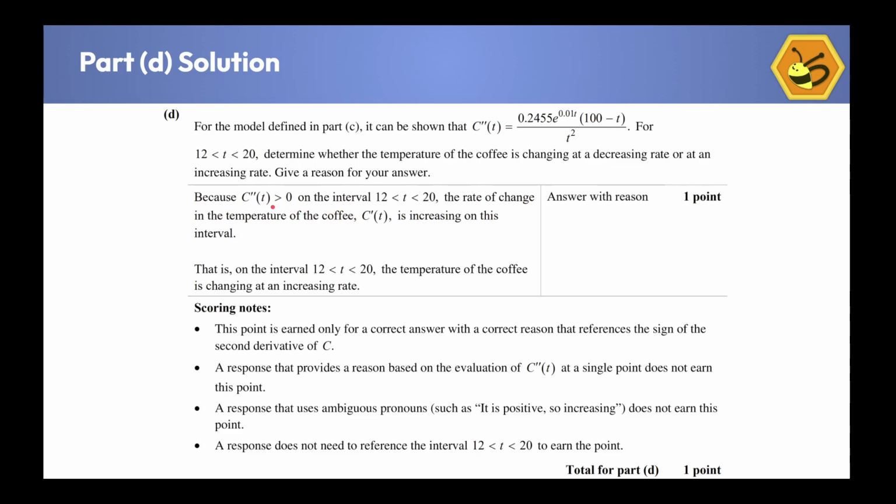If the second derivative is bigger than 0 on the interval, which it is, because 0.2455 is bigger than 0, e to the power of 0.01t is bigger than 0, 100 minus t is also bigger than 0, and t squared is also bigger than 0, then this whole function is bigger than 0 on the interval 12 to 20. The rate of change in the temperature of the coffee is increasing on this interval. This is only worth 1 point for an answer with reason.